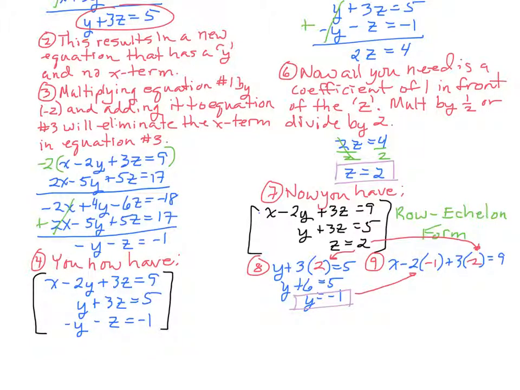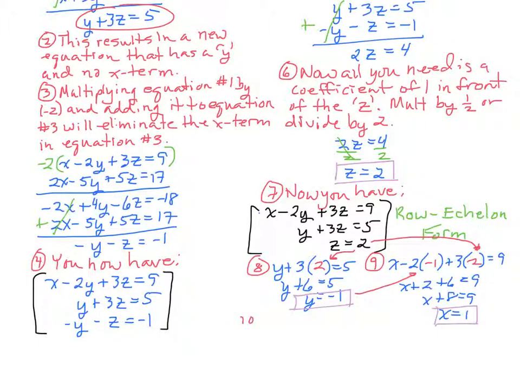So use your math. X plus 2 plus 6 equals 9. X plus 8 equals 9. Subtract the 8, doesn't x equal 1? And that gives you part 3 of 3 answers. But of course that's not truly the solution. Are you dying now? Kind of.